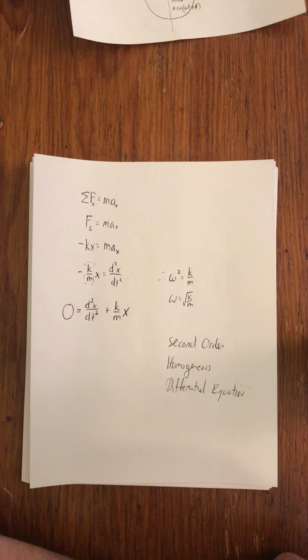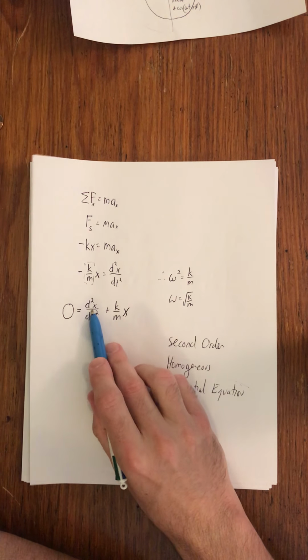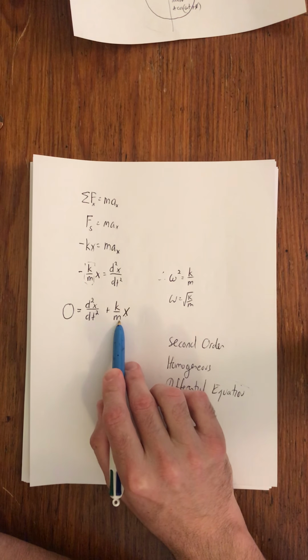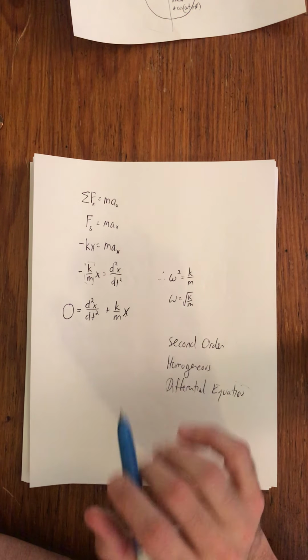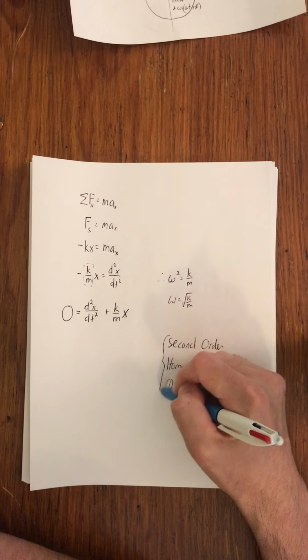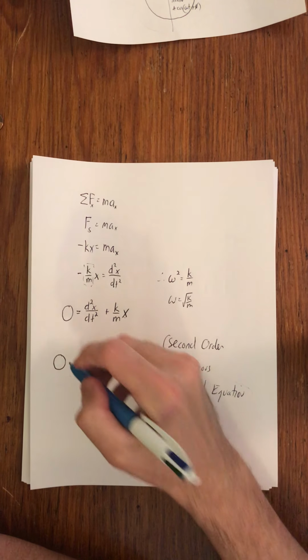And so we started saying, well, what had to be true about the solution to this function? What has to be true is I need a function whose second derivative is the negative of itself, right? So what we're going to do is abstract this down, because what I want to show you is the generic form of a second order homogeneous differential equation.